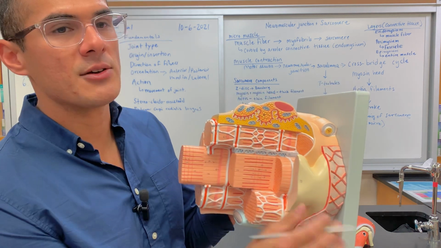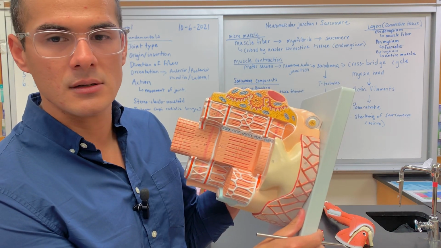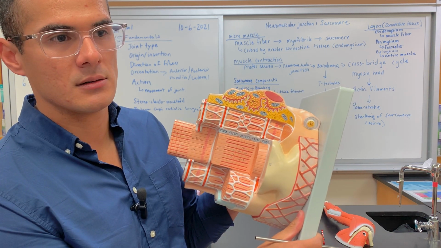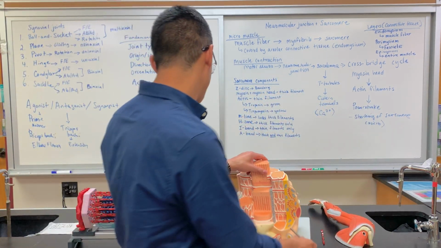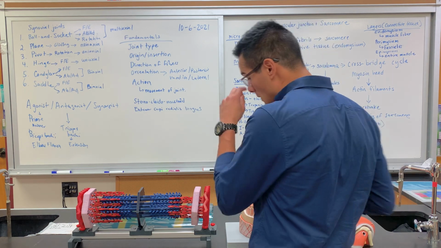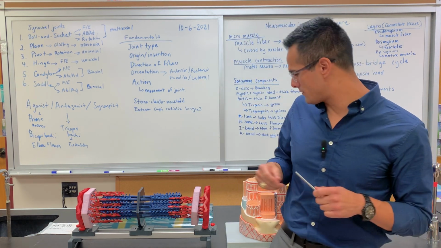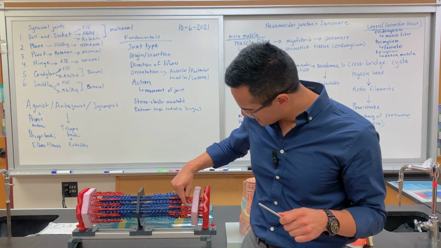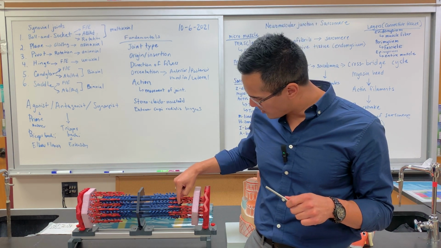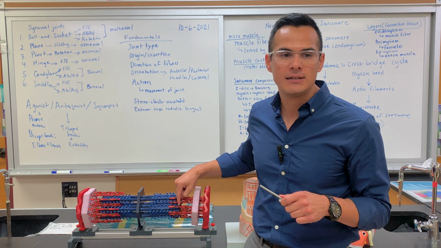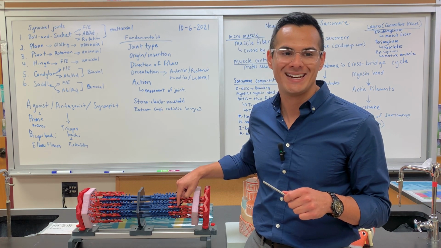So then, where does calcium go once it's released? I pointed out the thick and the thin filaments on this model. So, a couple of the other different components. The part that's in red, that's what's known as actin. The part that's in green is known as troponin.